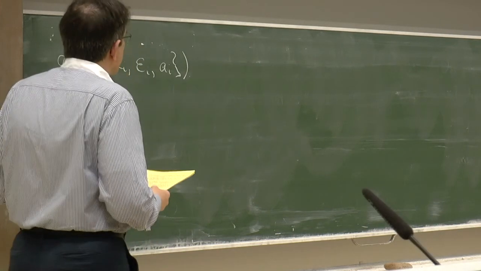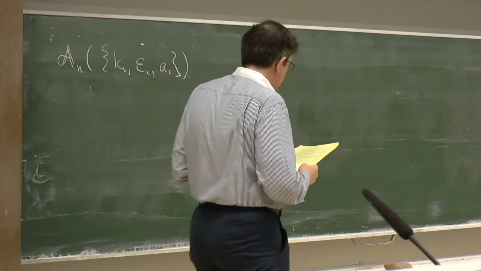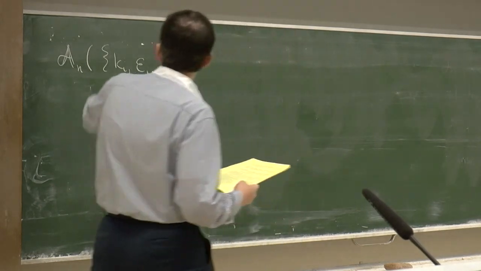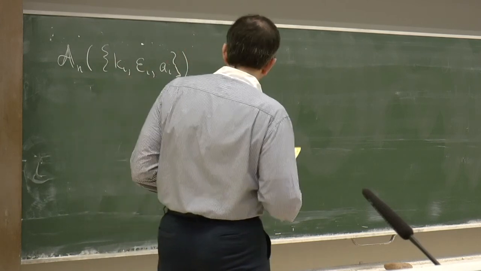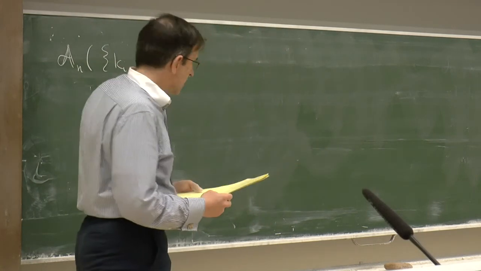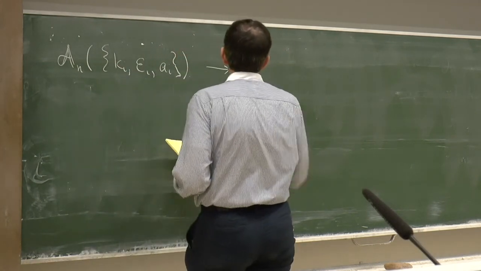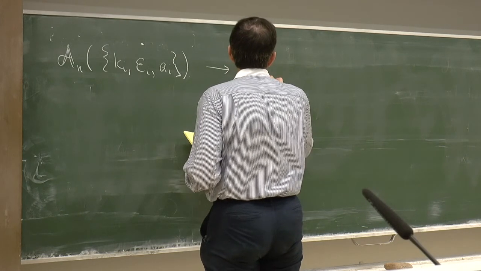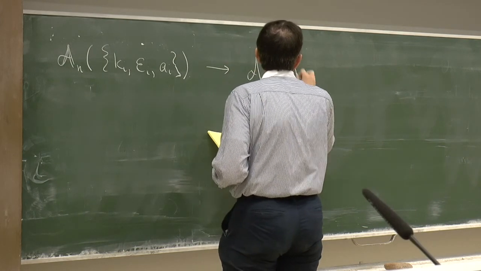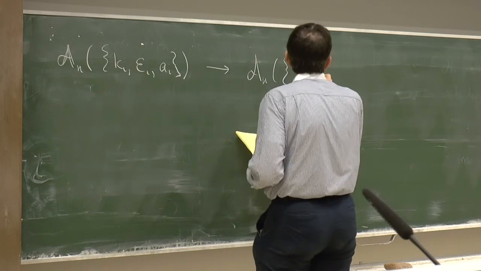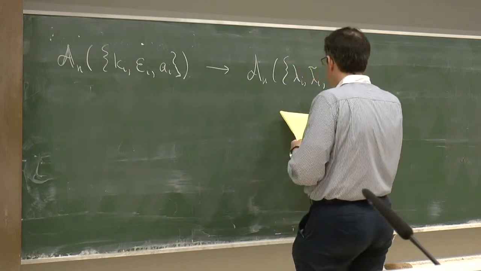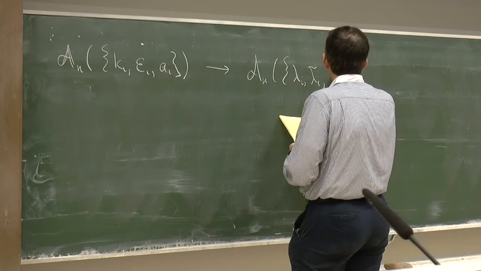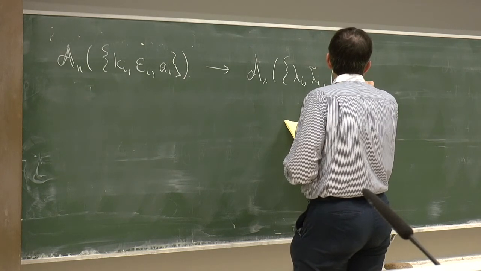And we already know that the physical states can have helicity plus or minus, but that's redundantly encoded in these polarization vectors. We know that the momenta are massless, so we can actually write these amplitudes more simply in terms of the spinor variables and the helicities and still the color.